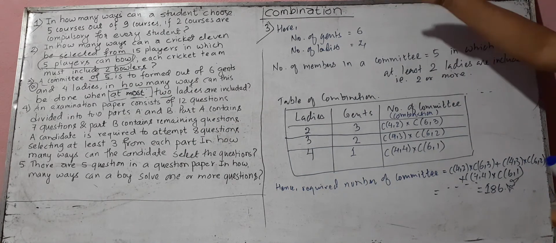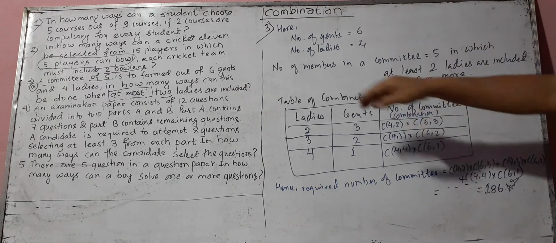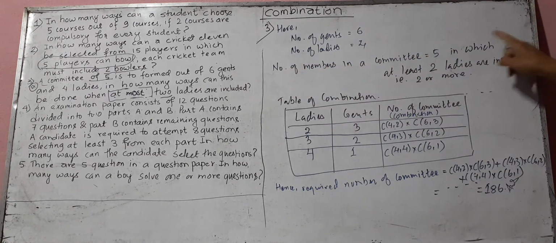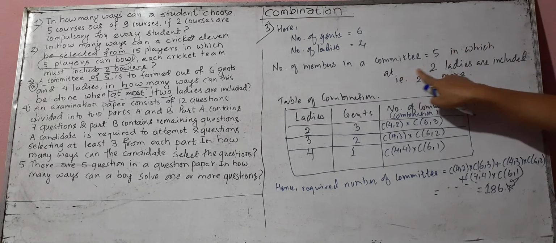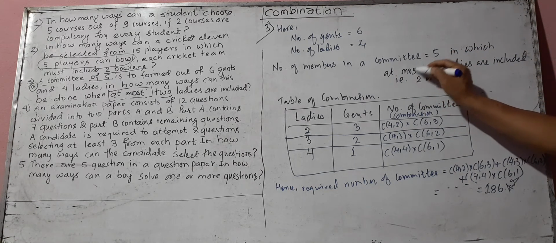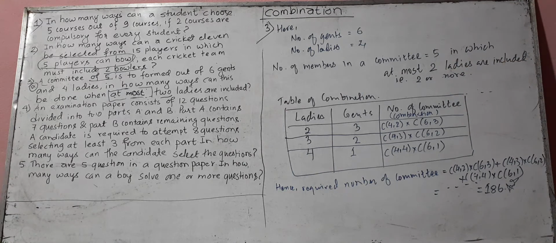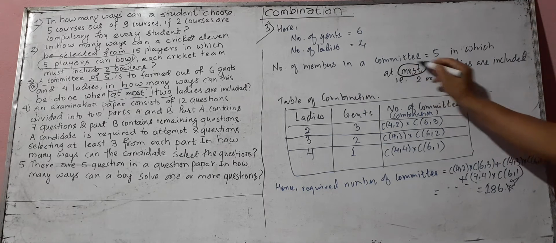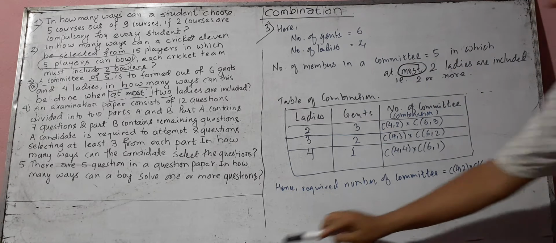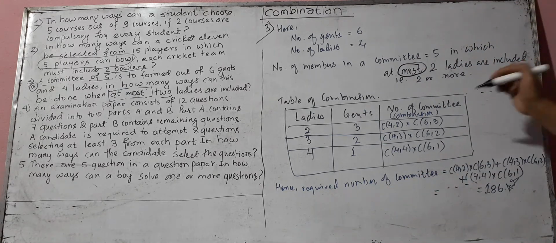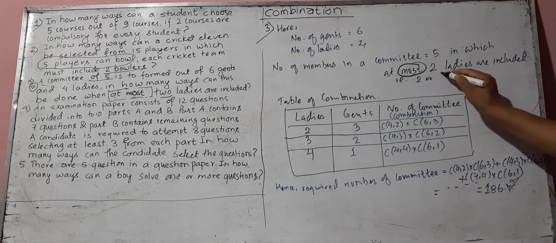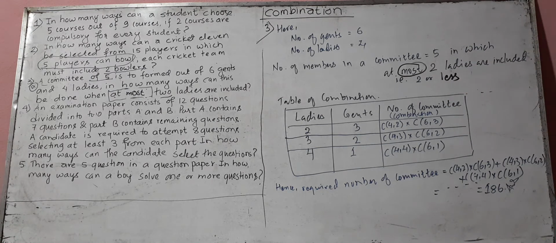So the same number of gents, same number of ladies, and the number of members in a committee is 5, out of which at most 2 ladies are included. That is 2 or less.